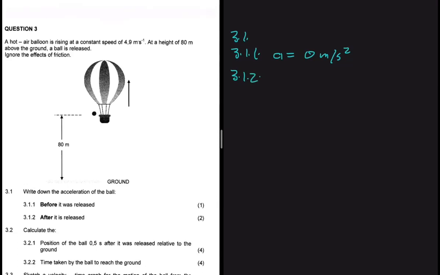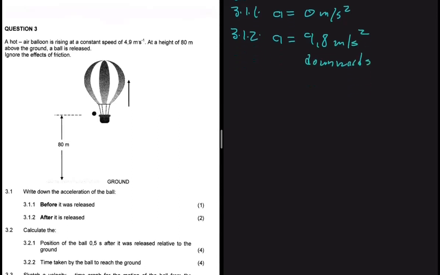After the ball is released from the balloon, now it is in free fall, right? Because gravity is the only force acting on it. So we know fully well that when an object is in free fall, acceleration is equal to 9.8 meters per second squared downwards, right? That's the acceleration when an object is in free fall.